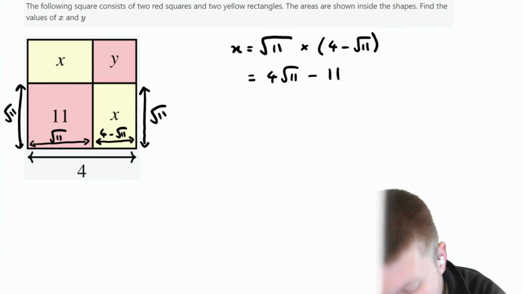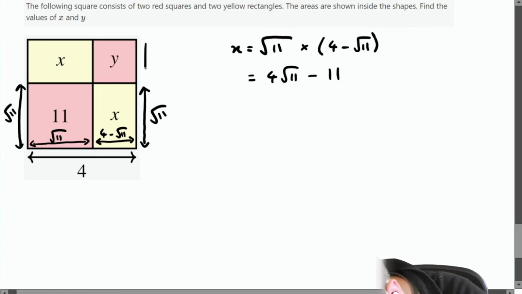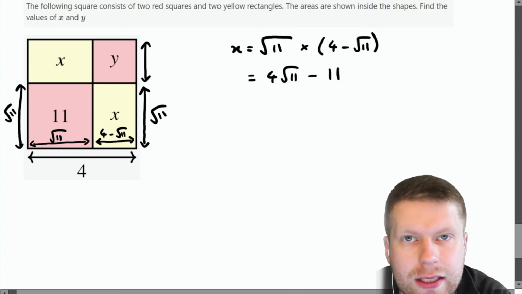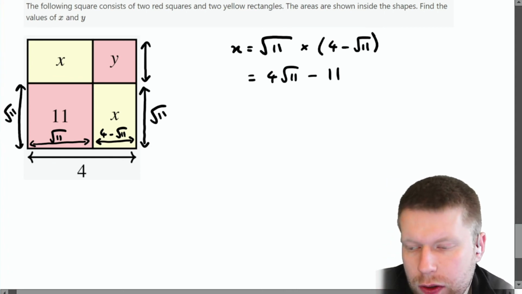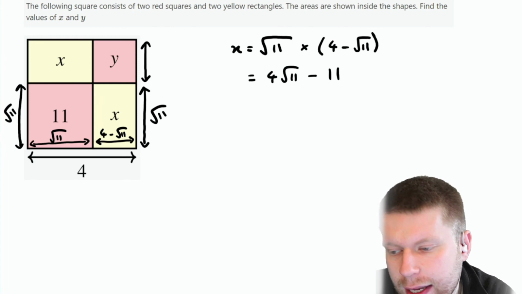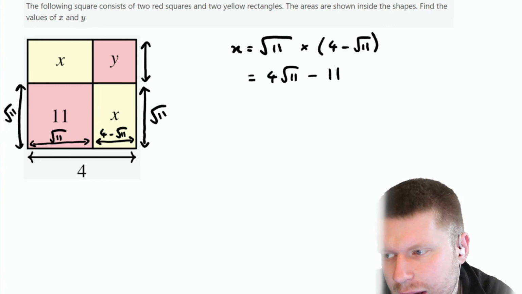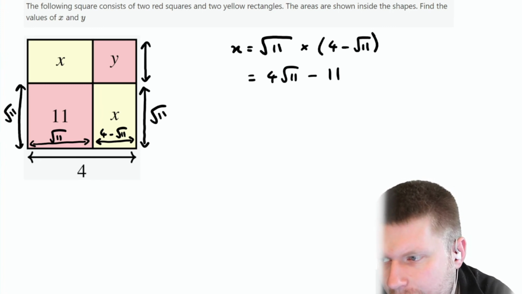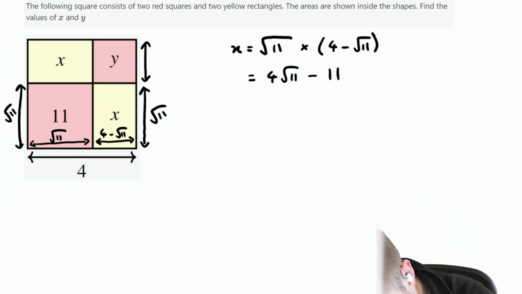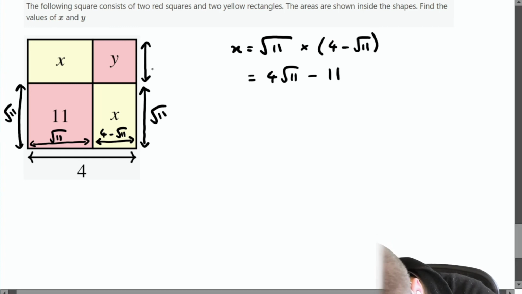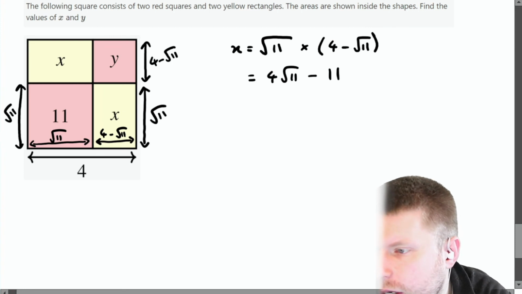So therefore, in order to find the value of y, I'm going to have to think about what this side length is. Given the fact the red square at the top there is a square, if I find the side length, I can really easily find the area just by squaring it. Well, actually, that's not too hard to do, because if you realise that x, I've already found, is 4 minus root 11, it also means that this must also be 4 minus root 11 as well.